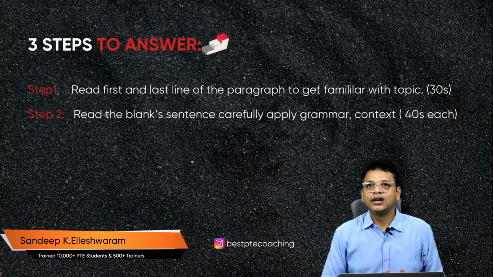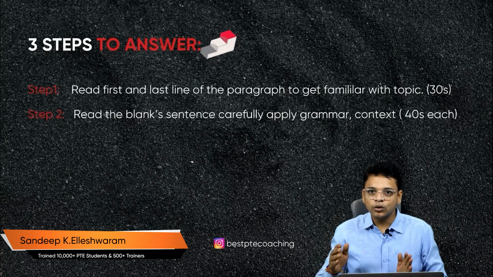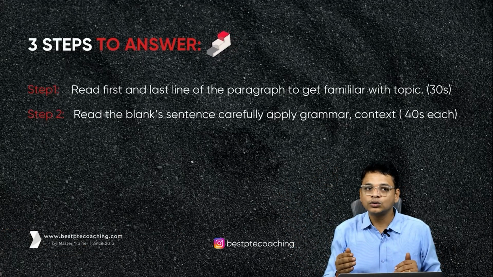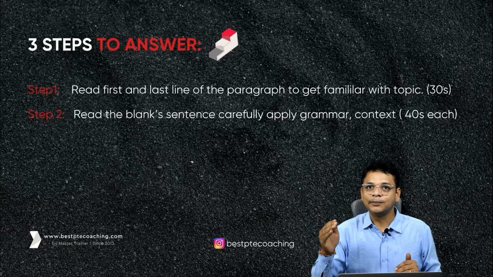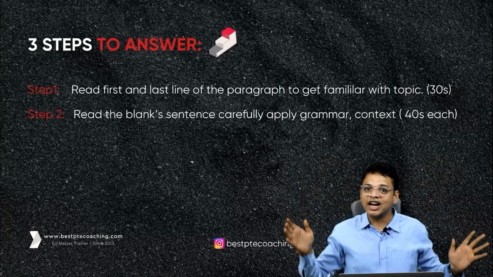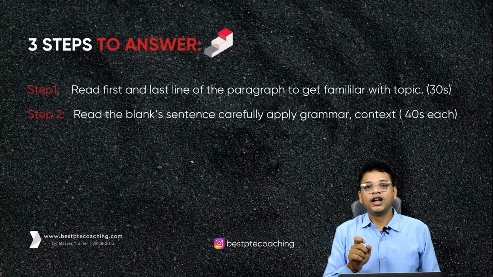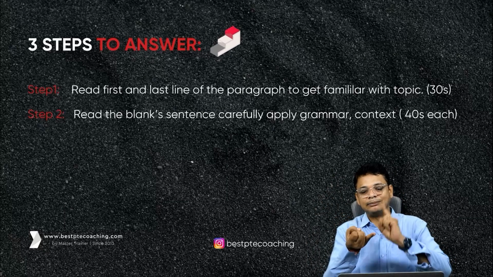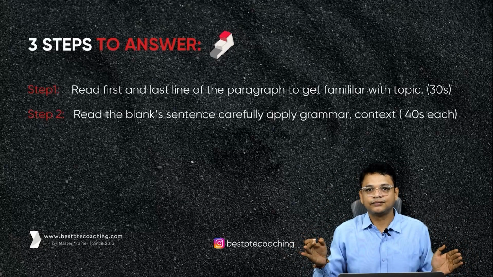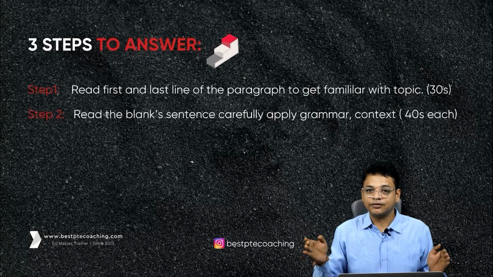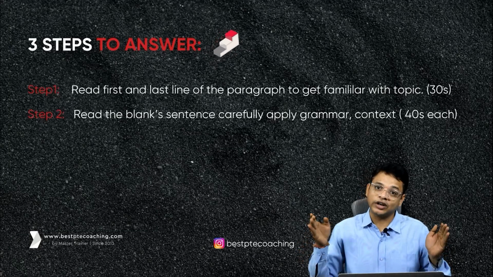Number 2 benefit. If you go to it later, you will go to the pending blank with more familiarity with the paragraph. If you kept blank number 1 on hold and answered blanks 2, 3, 4, 5, then for answering those you read a lot.